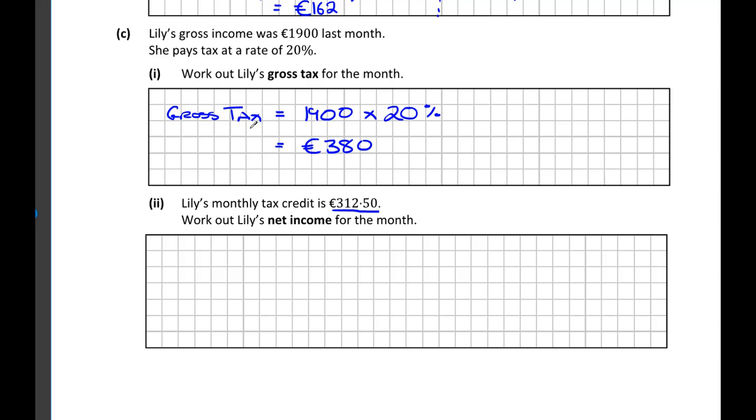So her net income, that's what they're looking for. So your net income is your income after all deductions have taken place. Now there's a couple of different ways to do this. I'm not going to go through a couple. I'm just going to do it one way. Net income equals your gross income minus gross tax. As I said, there's a few different ways to do this.